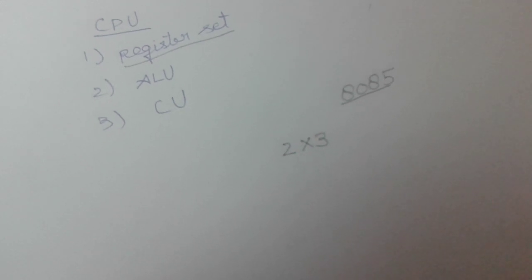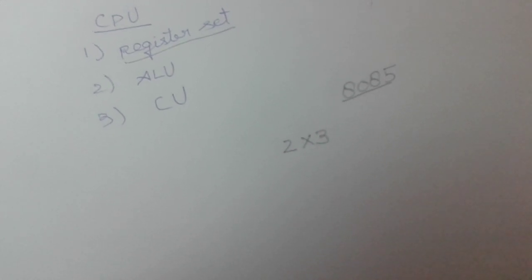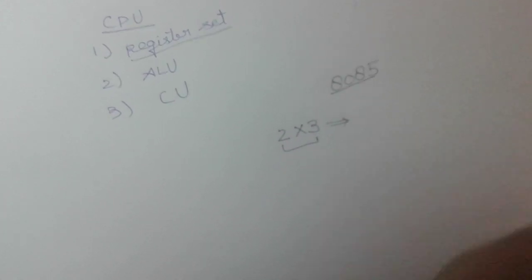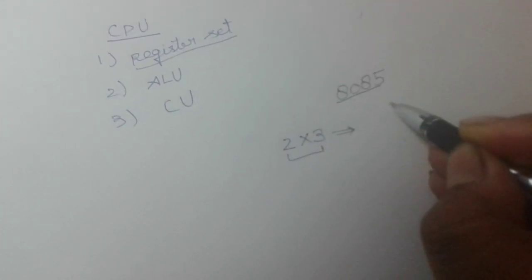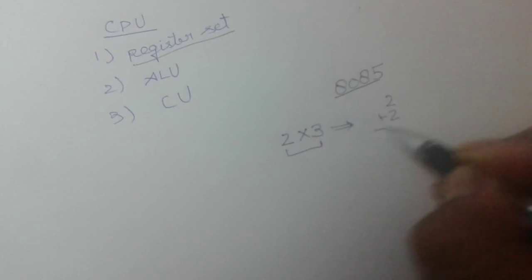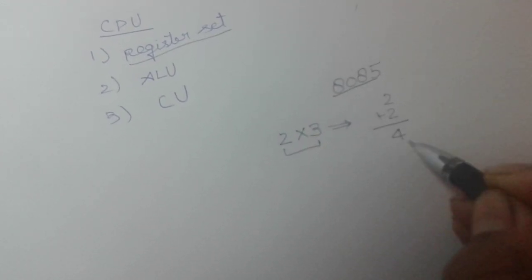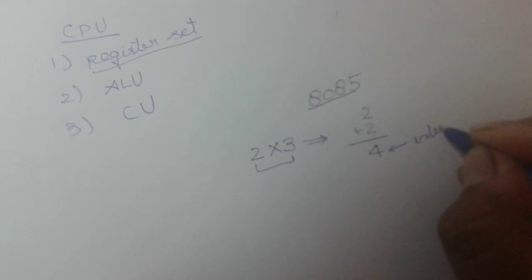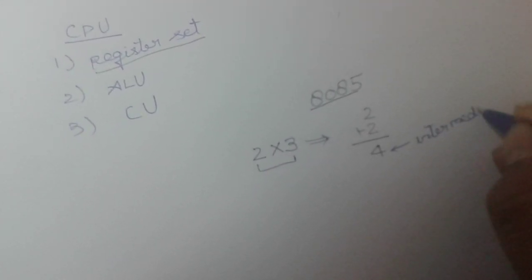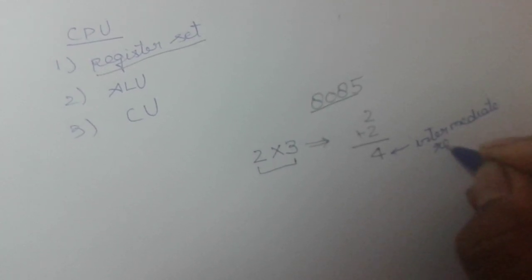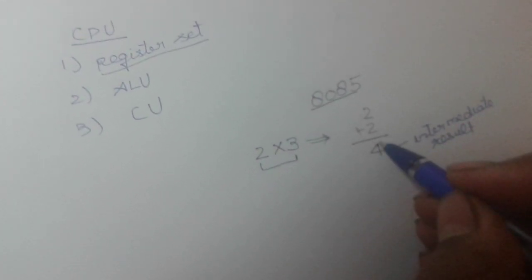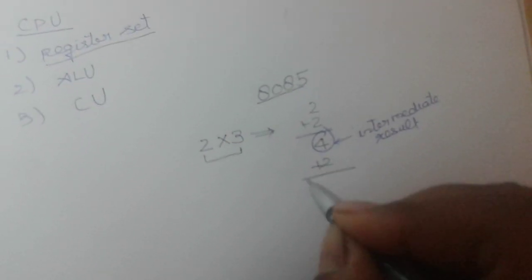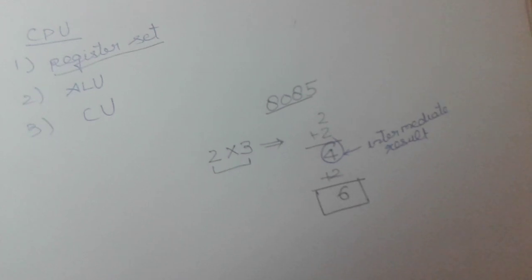So how multiplication took place was, suppose we have to multiply 2 into 3, it will take place in form of addition. That is, first it will add 2 plus 2 and produce 4. This is an intermediate result. Then again 2 will be added and it will produce final result 6.